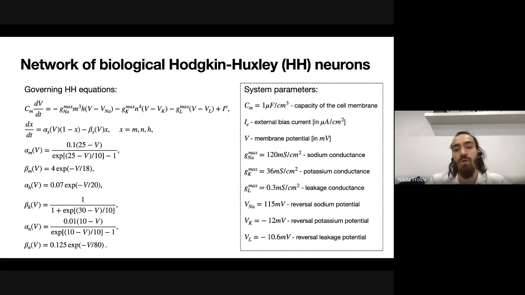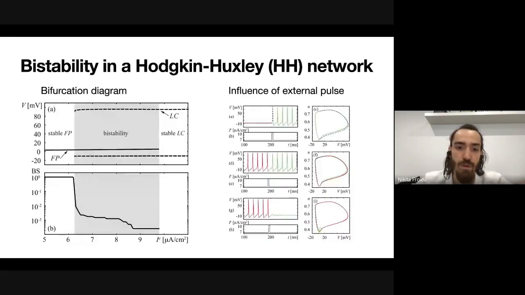At low bias currents, the Hodgkin-Huxley neuron is silent, so its behavior is characterized by a fixed point in the phase space, and increasing of this bias current leads to the Hopf bifurcation to the limit cycle. However, with this set of parameters, this transition goes through the bistability region.